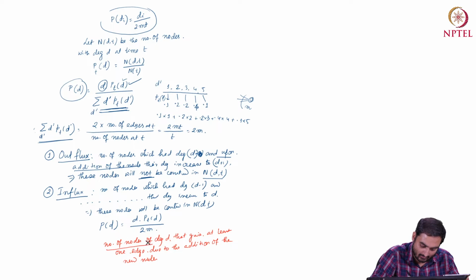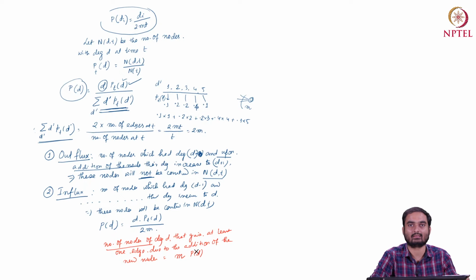So we are interested in the number of such nodes which will gain at least one edge. So m edges are coming in, and what is the probability that a node with degree d will gain an edge, and how many such nodes are there? P d is the probability of nodes with degree d. You can also say that P d is the fraction of nodes with degree d. So out of these m edges, how many edges are going to be attached to nodes with degree d?